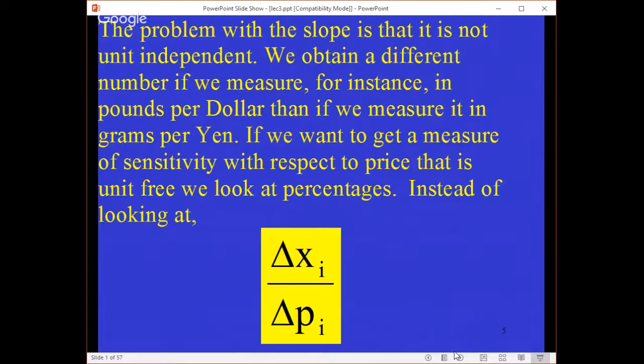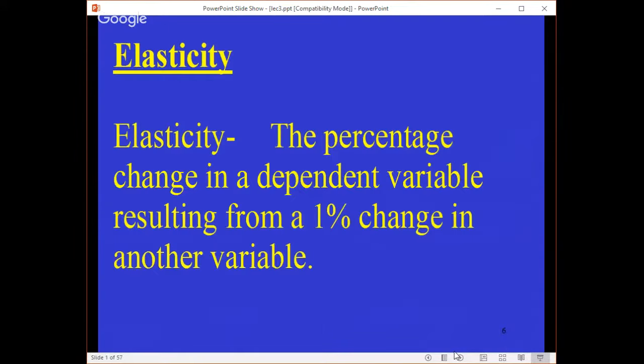The truth is we should use the partials because we know there's other things that affect demand. But for now, we're using big changes like a partial, assuming everything else is constant. Okay? So slope isn't a good measure of the change in demand, or the change in quantity demanded.